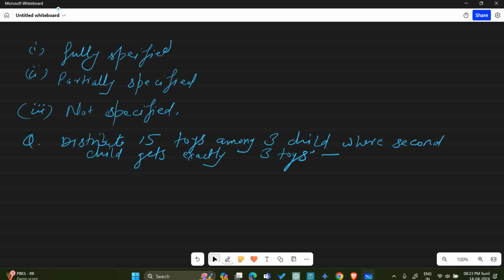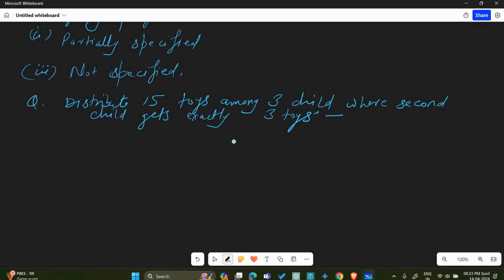We have to distribute 15 toys among 3 children. So we can give 3 toys to the second child, which is 15C3.